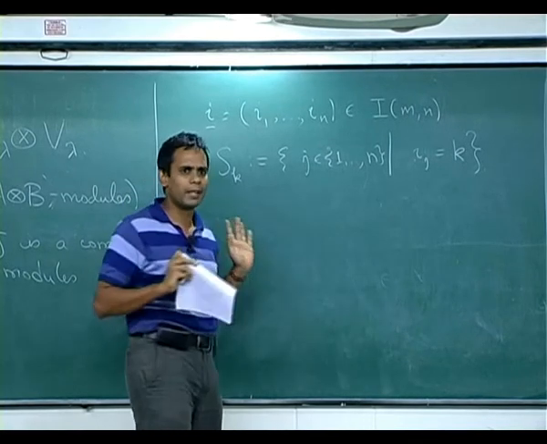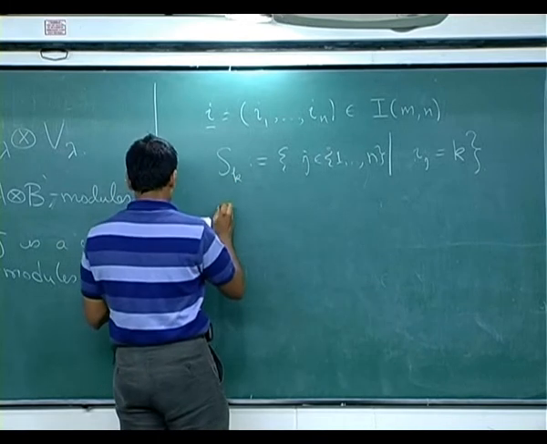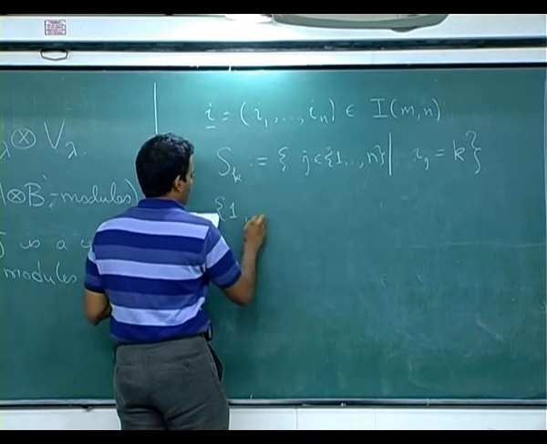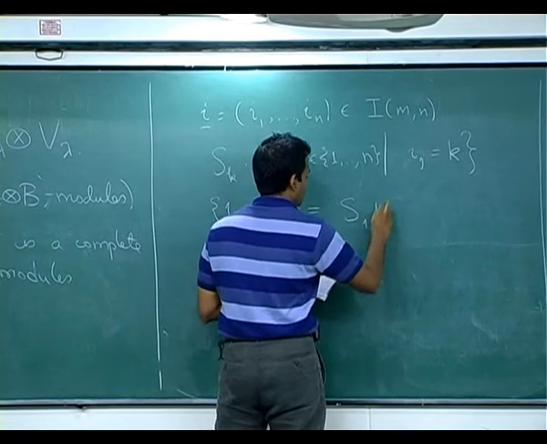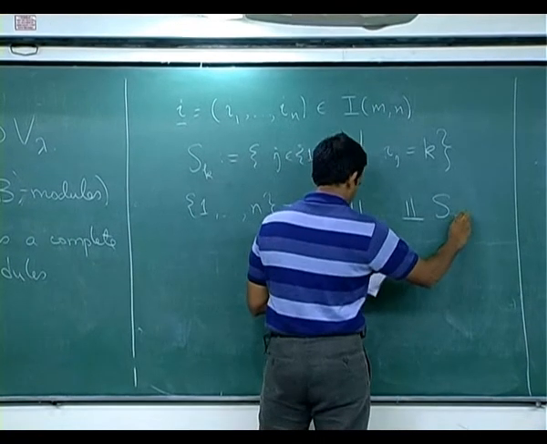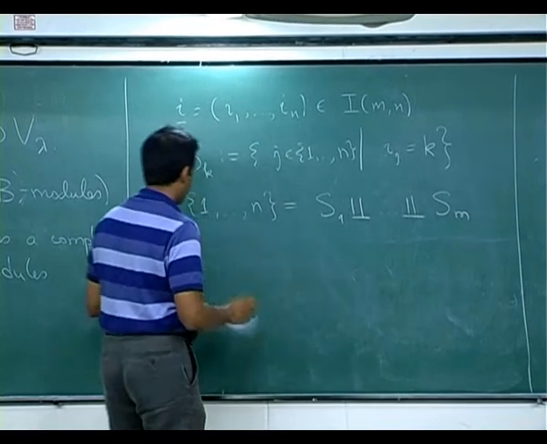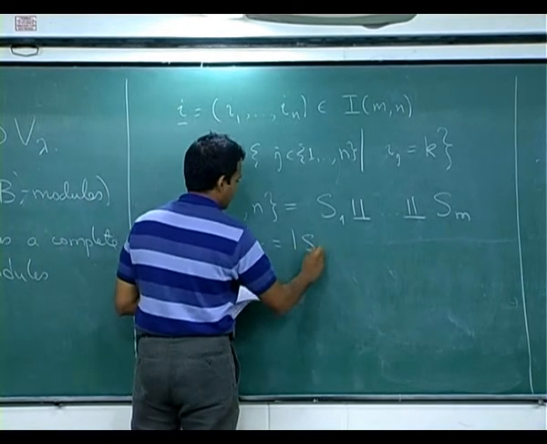Some of these parts could be empty, that I am not too worried about, but what I get is that 1 to n is a set partition S_1 disjoint union ... S_m. Some of these could be empty, and let lambda_j be the cardinality of S_j.